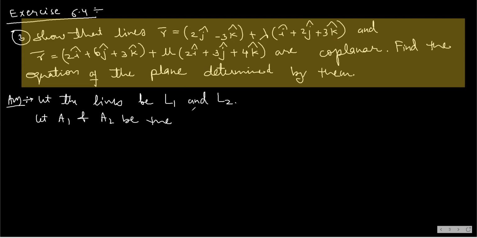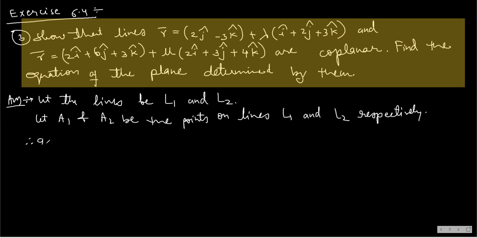But if this is subjective, it is very likely this question can come in the board exam for 4 marks. So you write, let A1 and A2 be points on lines L1 and L2 respectively.